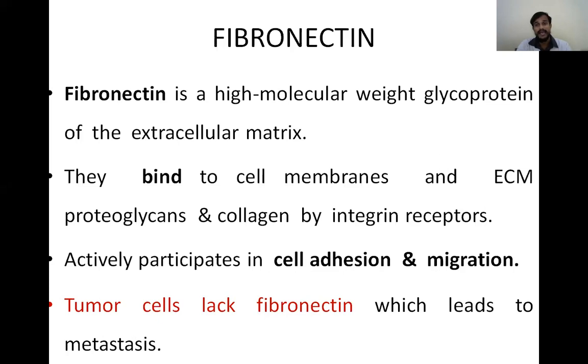Tumor cells, that is cancer cells, they lack fibronectin. So when they lack fibronectin, what happens is they cannot be connected to the extracellular matrix and remain stable in the extracellular matrix. So they will be moving outside, which leads to metastasis. That means the cancer is transferred to the other tissues also due to lack of fibronectin.